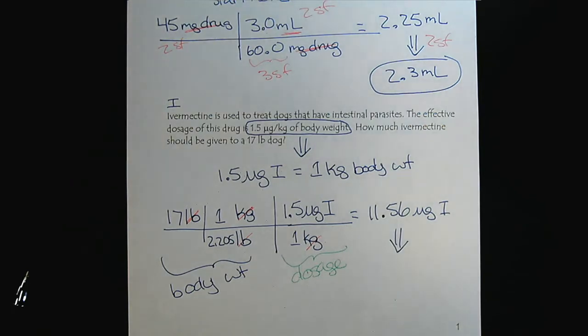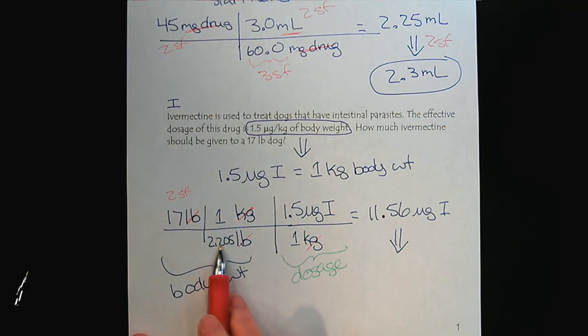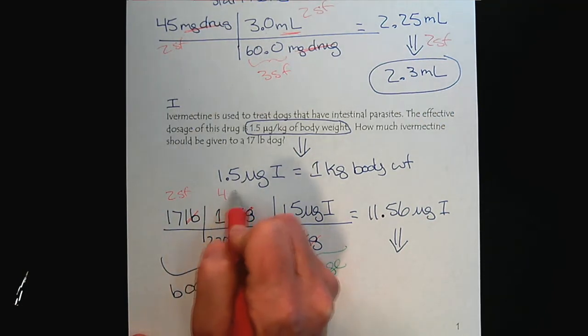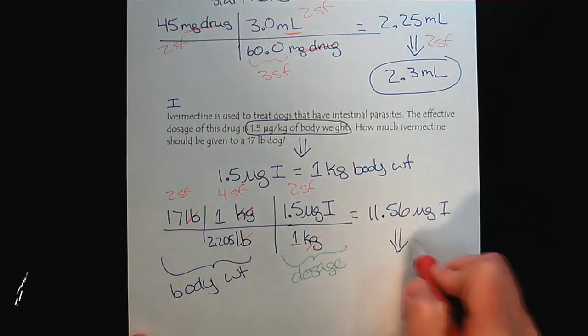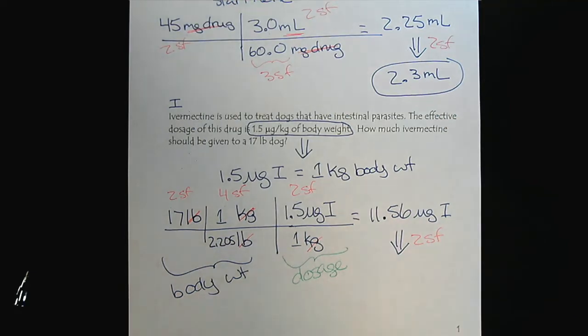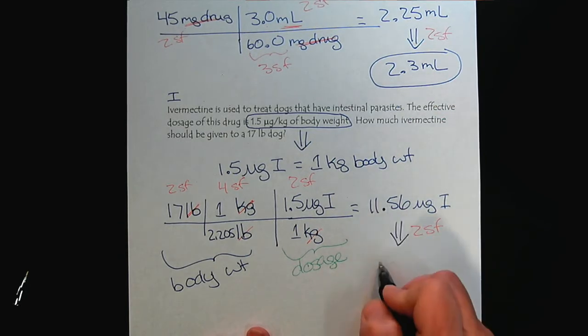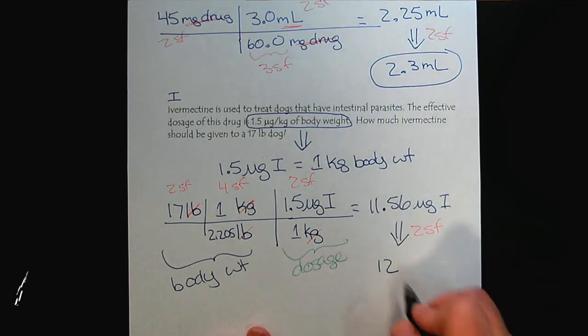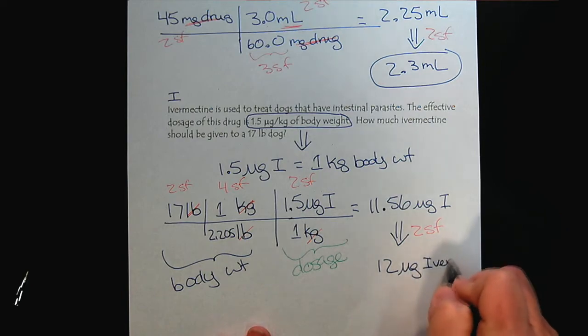So looking at each piece of data, here we have 17 pounds, 2 sig figs. Here this conversion gives us 4, and the dosage gives us 2. So we want to report our answer to 2 sig figs. And when we look here, that would be 12. We're going to round up. So 12 micrograms of ivermectin.